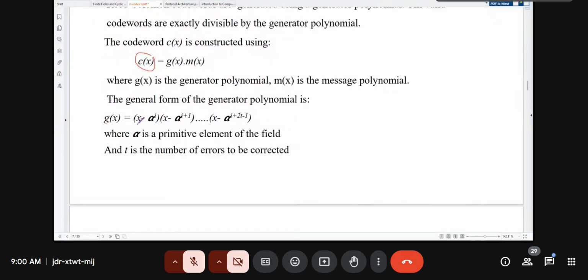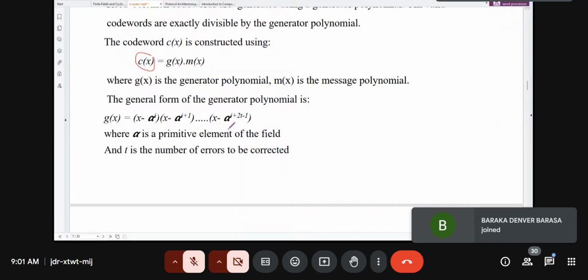Unlike the case of the BCH codes, where we are looking for the LCM of the minimal polynomials, here each of the elements has a different minimal polynomial.